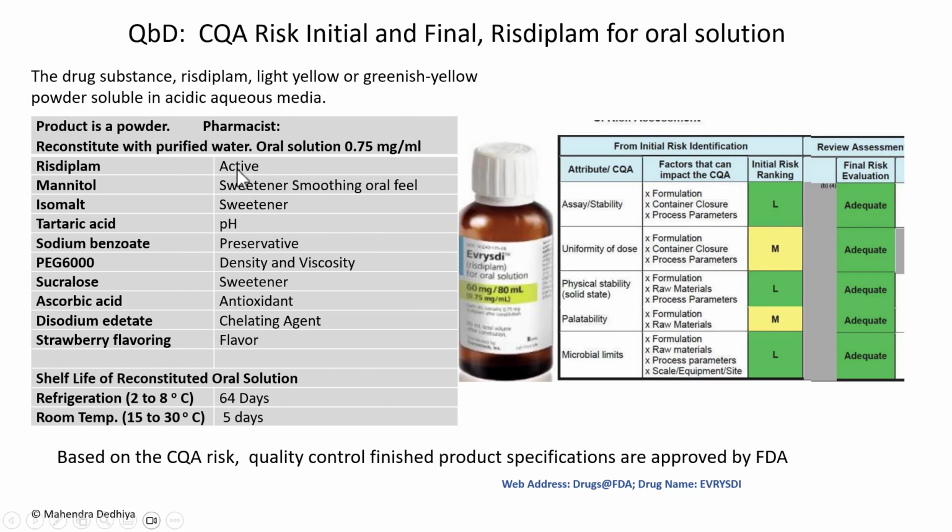As drug active, mannitol is a sweetener, also gives you a soothing oral feel. Isomalt is a sweetener, tartaric acid for pH, sodium benzoate preservative, PEG 6000 for density and viscosity, so the solution is pourable or withdrawable by the syringe.